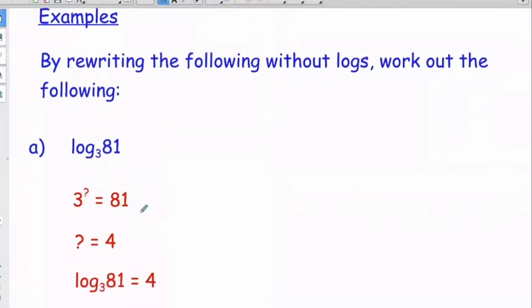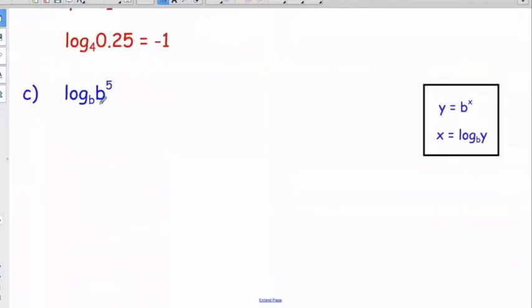I've got a slightly different one here, and this is to illustrate one of the things that we're going to learn later on. Log to the base b of b to the power of 5, what's that going to equal? Well, our b is the base, so b to the power of 5, and all of this is the y.